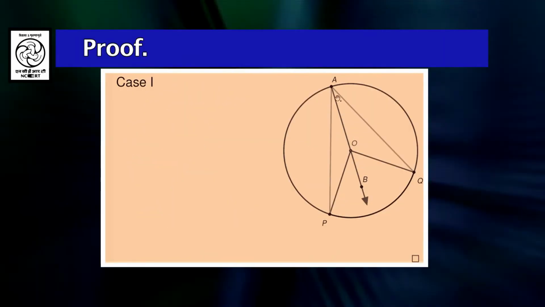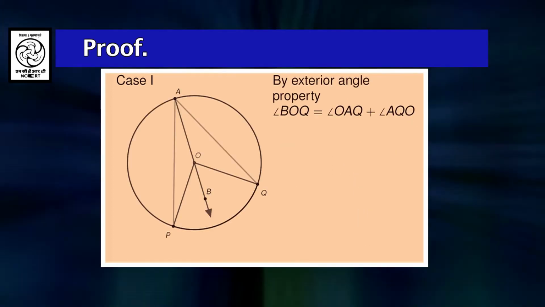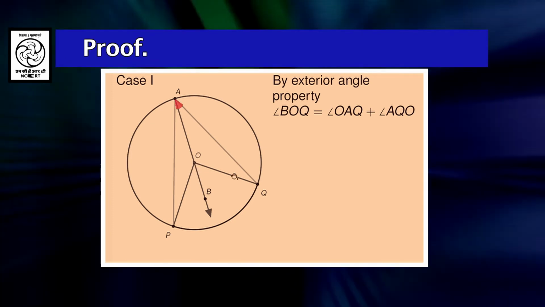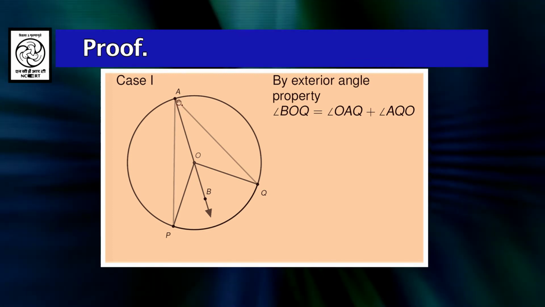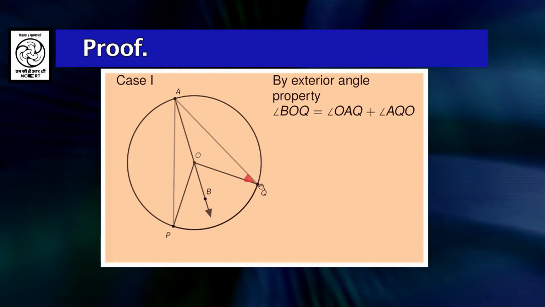Case 1: we have an arc PQ that subtends an angle POQ at the center and PAQ at another point on the circle. Join AO and extend it towards B. Now, by the exterior angle property, angle BOQ is equal to the sum of angle OAQ and angle AQO.